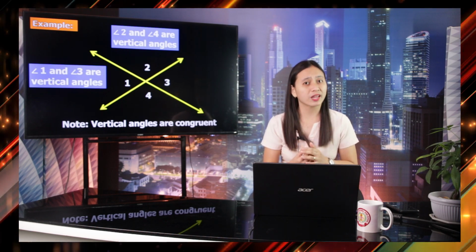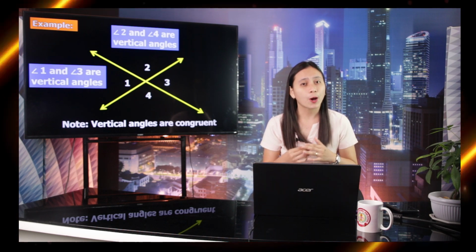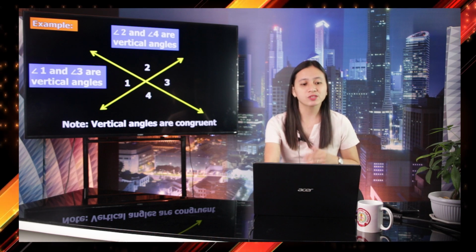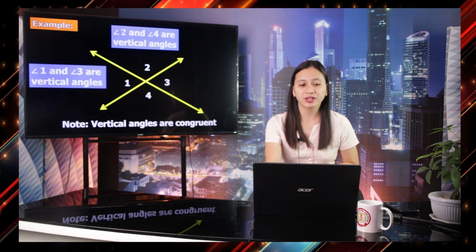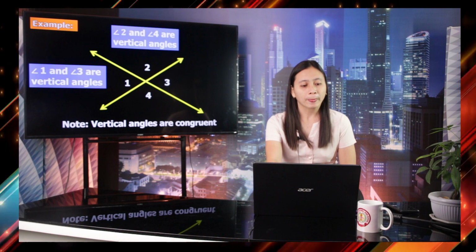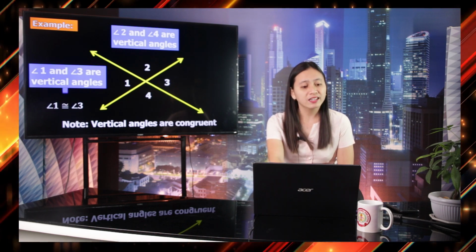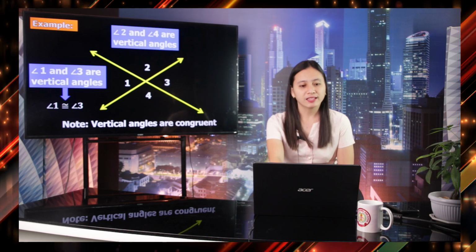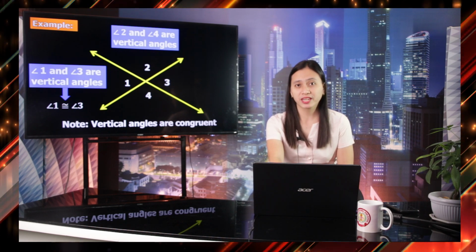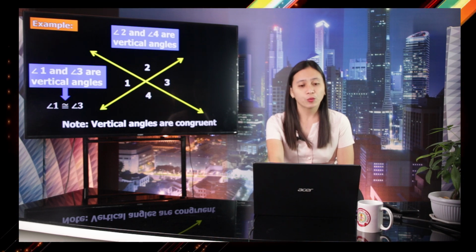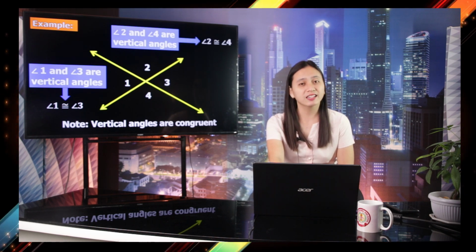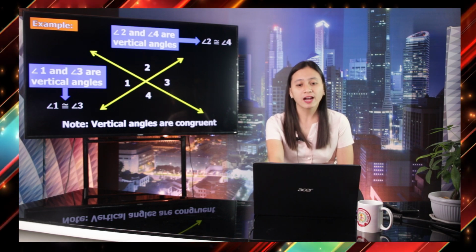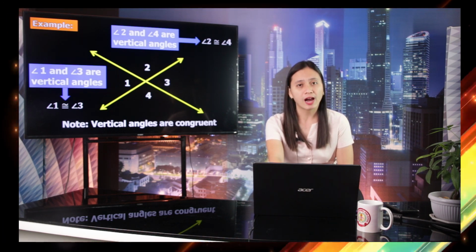When we say congruent, they have the same measure. So, since angle 1 and angle 3 are vertical angles, we can say that angle 1 is congruent to angle 3. And since angle 2 and angle 4 are vertical angles, angle 2 is congruent to angle 4.